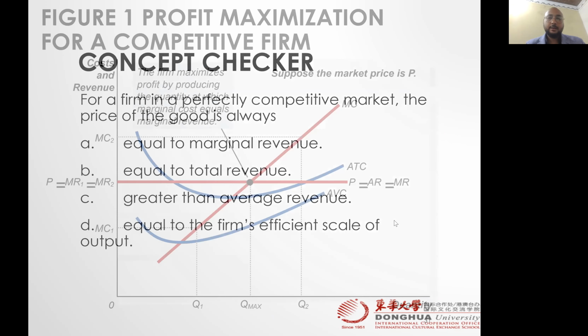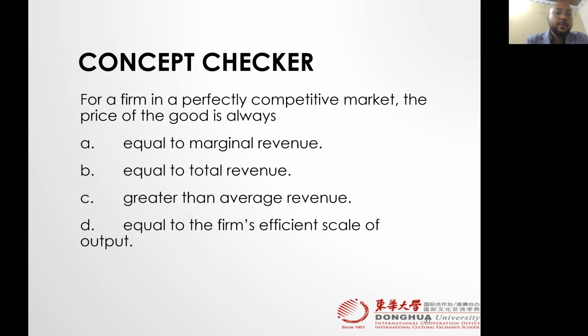So if you understand that, answer this question. For a firm in a perfectly competitive market, the price of a good is always... first of all, whenever you read these kinds of questions, always mark which kind of market you are in. Perfectly competitive market.